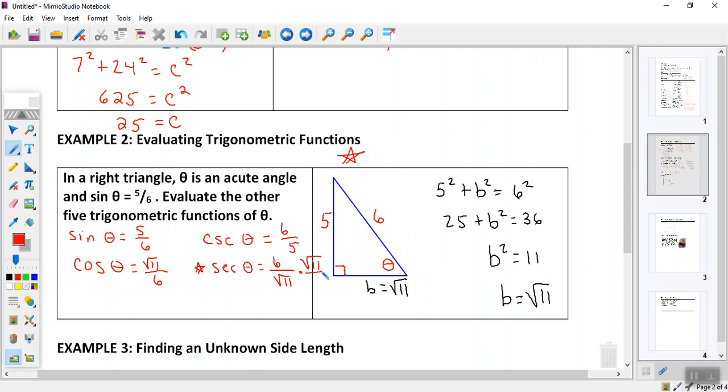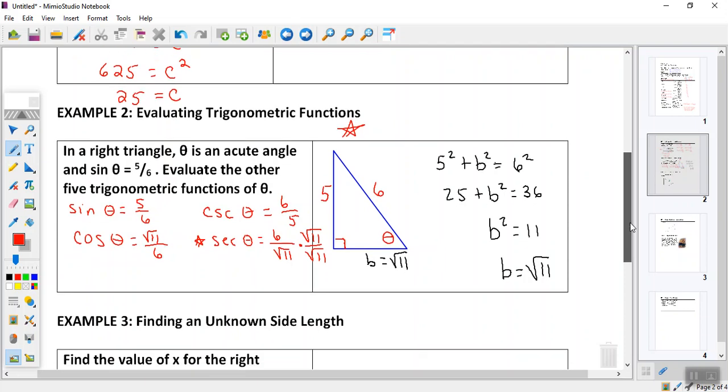And let me show you why. This will be 6 root 11 up top, wouldn't it? But what's root 11 times root 11 going to get you? Root 11 times root 11 becomes root 121, which is just 11. So when I take one root times the same root, it's just the number in the denominator.